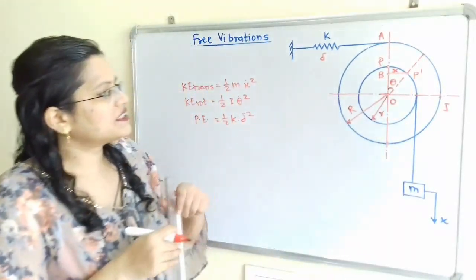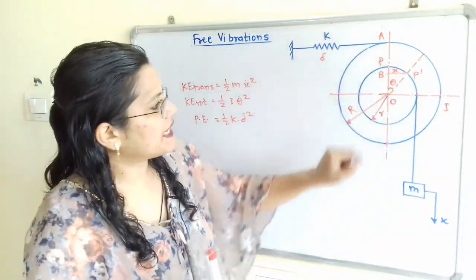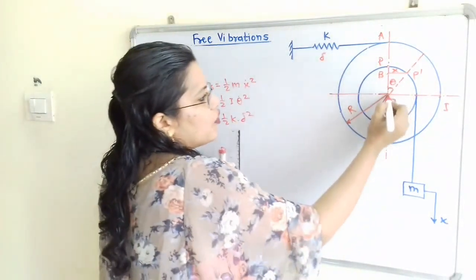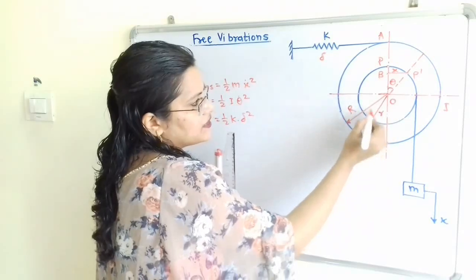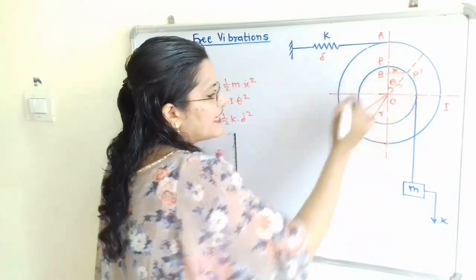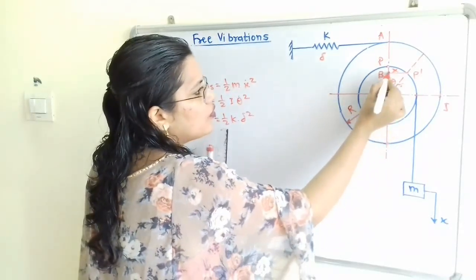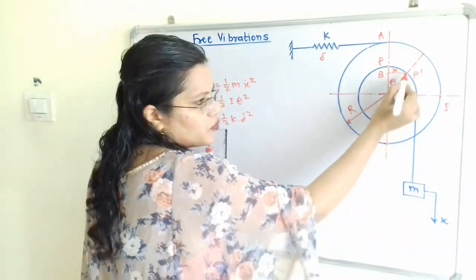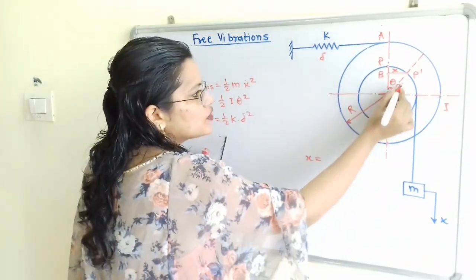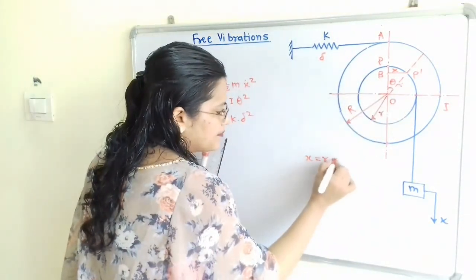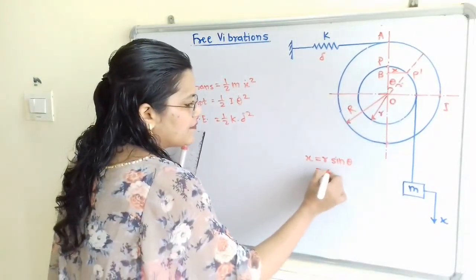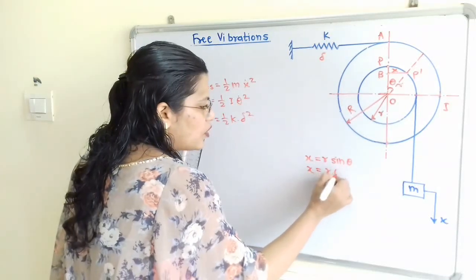So from this triangle OBP dash we can say that x is equal to... Now O to P dash is the radius of the inside disk, small r. So from this triangle OBP dash, I can write x is equal to small r sin theta. Theta is very small, so sin theta is equal to theta, so x is equal to small r theta.